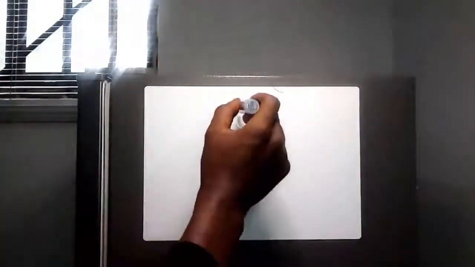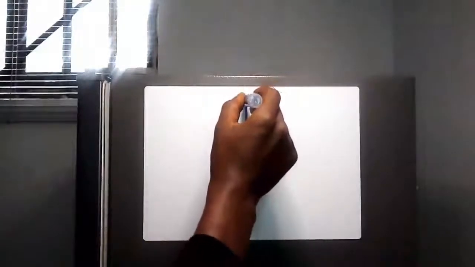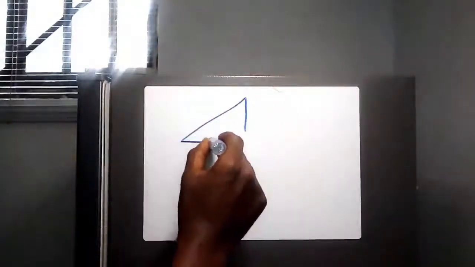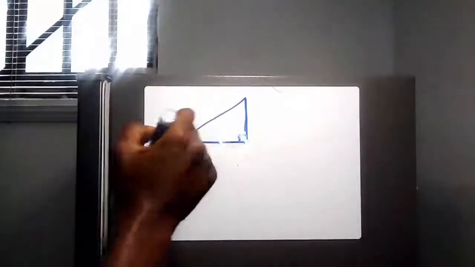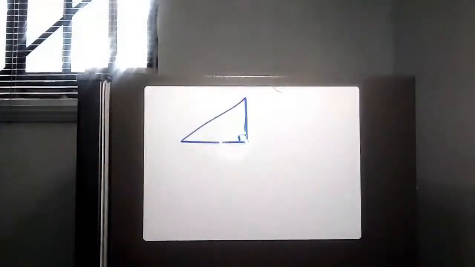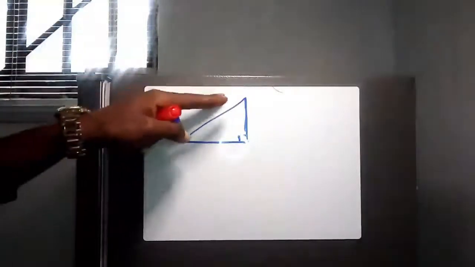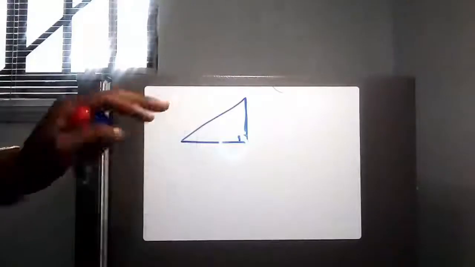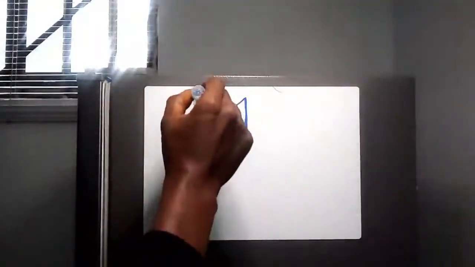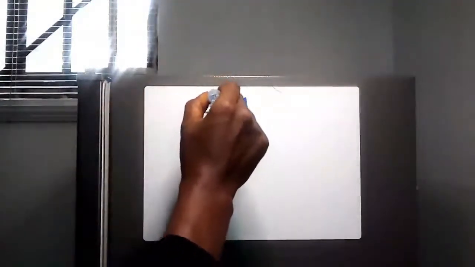We don't have a question here, so let's draft one. This is my right angle triangle. The first two we took, we were looking for the hypotenuse, right? What if the hypotenuse was given? Let's take one that has the hypotenuse given, 13.